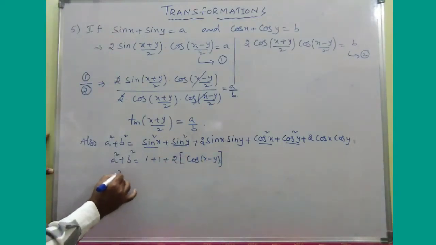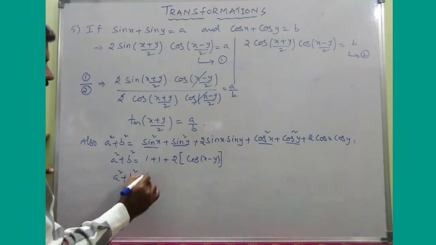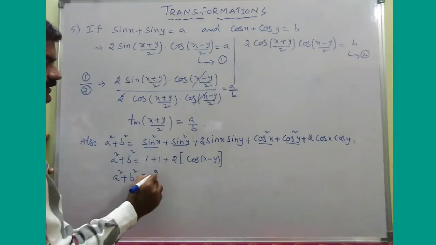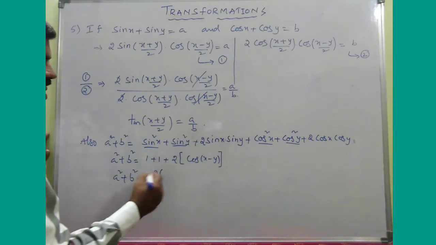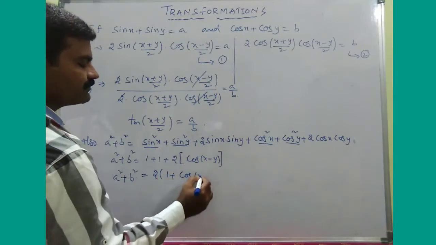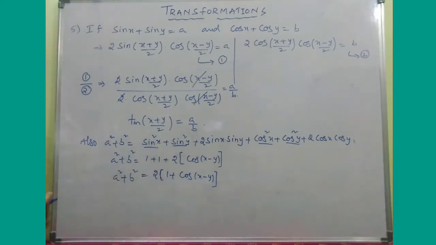So a square plus b square is equal to 2 plus, let us take 2 common, 1 plus cos of (x minus y), isn't it? So what is 1 plus cos theta?